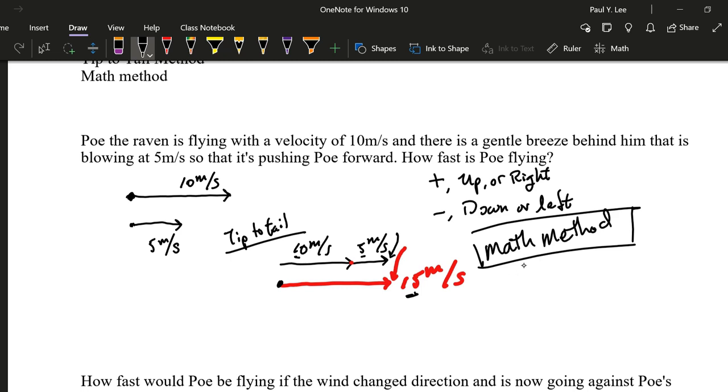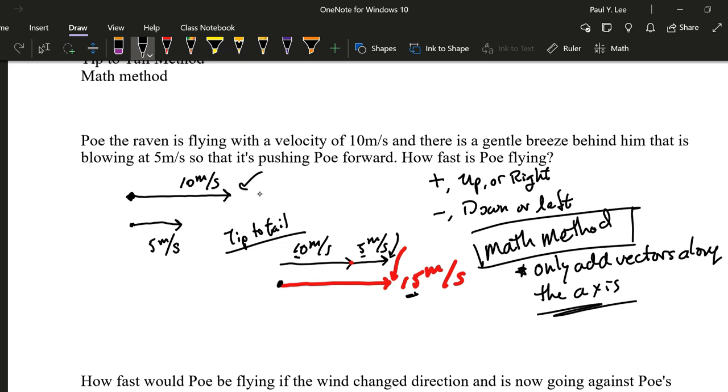So here's a big rule for the math method: you can only add vectors along the same axis. What I mean by that is both of these, the 10 meters per second and the 5 meters per second, were x-axis vectors. Therefore, I was allowed to add the two together.